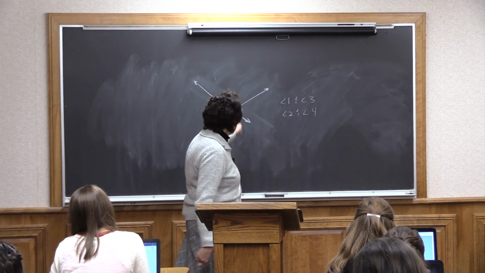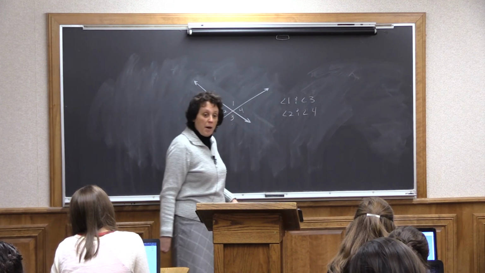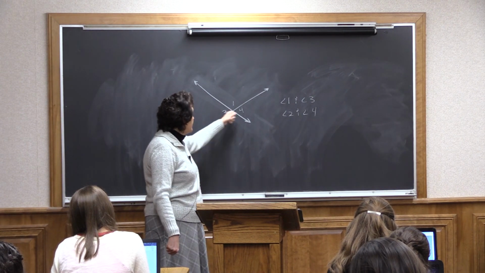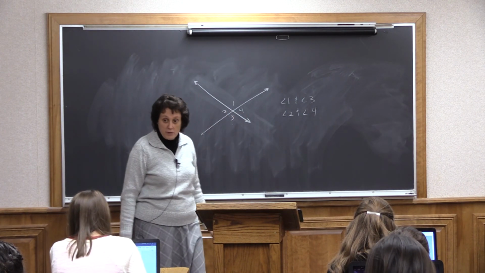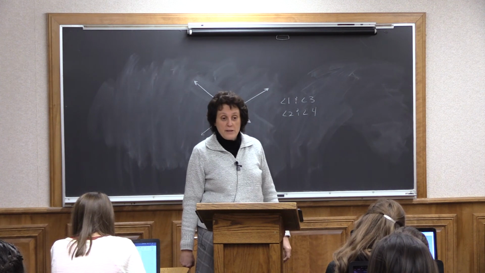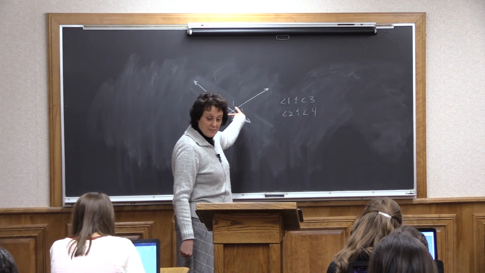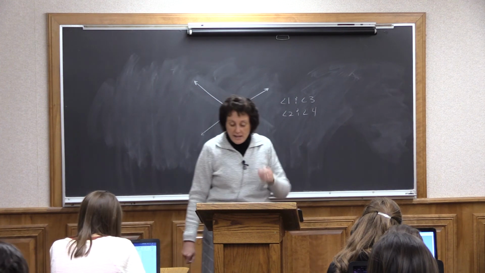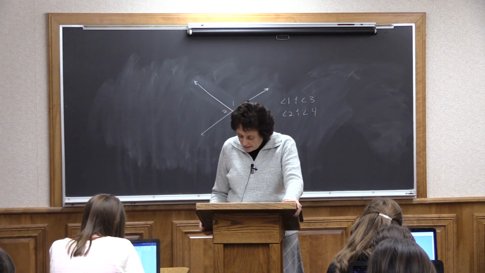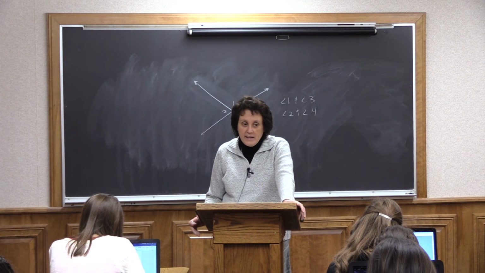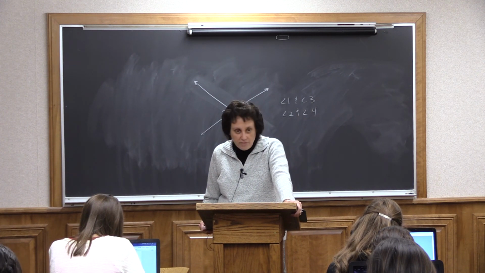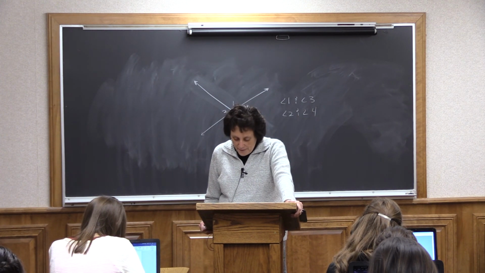They have to be opposite, and so I want to draw my angles so that they look different in size as well, okay? So that we don't erroneously get the impression that these two are equal. Okay, so we can name our angles by location. If they are located at intersecting lines, they're called vertical angles.